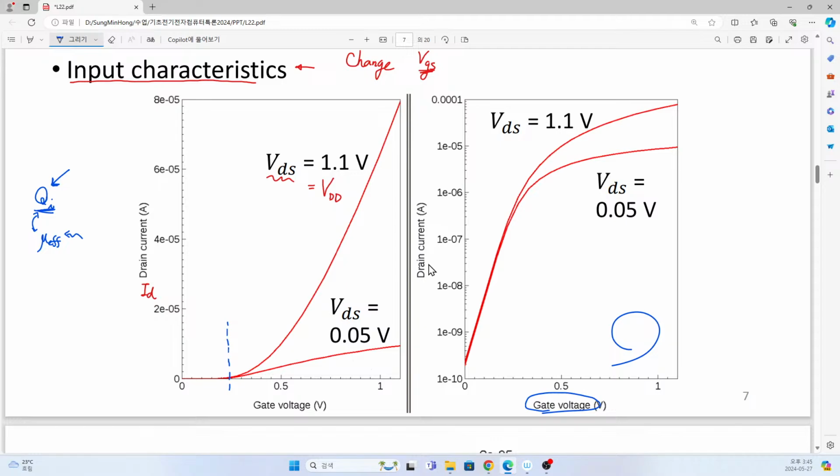However, the same quantity is just drawn in the semi-logarithmic scale. So now here we have 10 to the minus 5, 10 to the minus 6. Yes, each tick shows a decade changing.